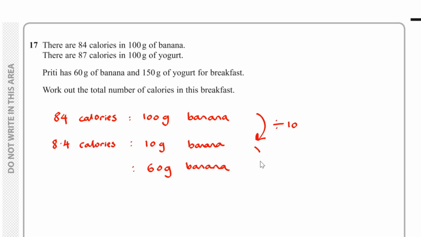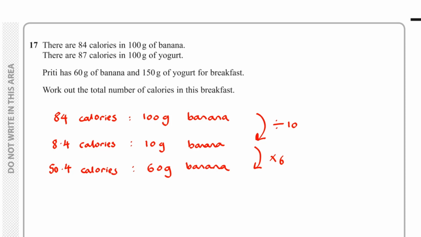And therefore, to go from 10 to 60, we multiply by 6. So 8.4 times 6 is 50.4. So we have 50.4 calories in 60 grams of banana.